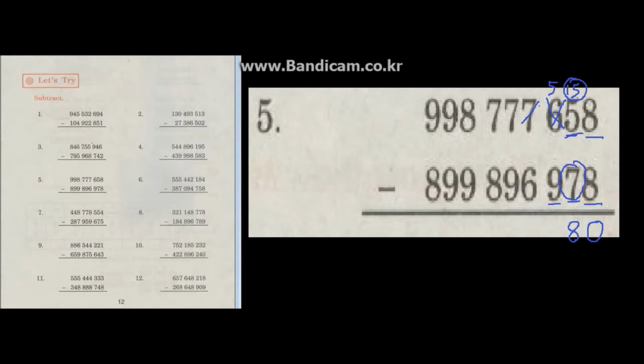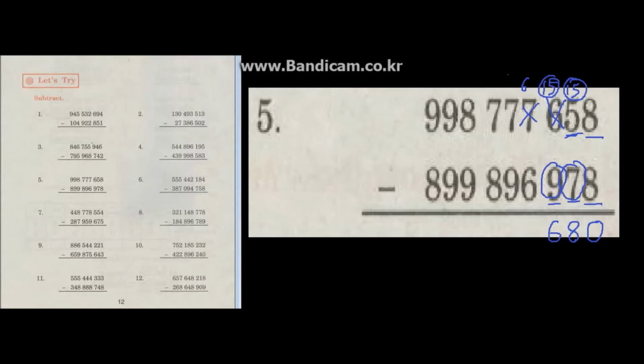So the 7 here can be written as 6 plus 1, and this 1 will go to the column that is one time lower. So this 1 will change to 10. And if we add these two values, 10 and 5, the value becomes 15. So the minuend 15 and the subtrahend 9, what is the difference? This time it became 6.